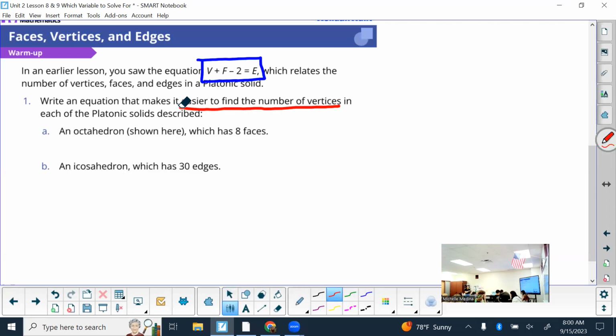So what does this problem want you to do to the given equation? When it says makes it easier to find the number of vertices, what do they want? They want you to find the v, and when they say it makes it easier, we want that V to be not gone.